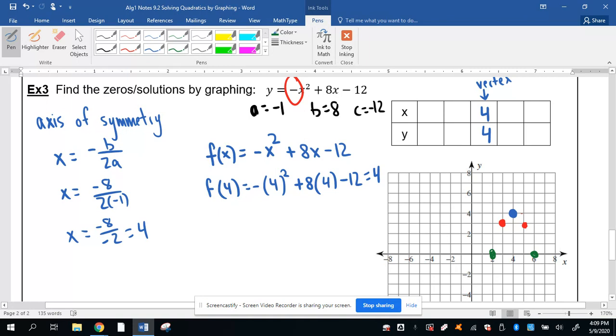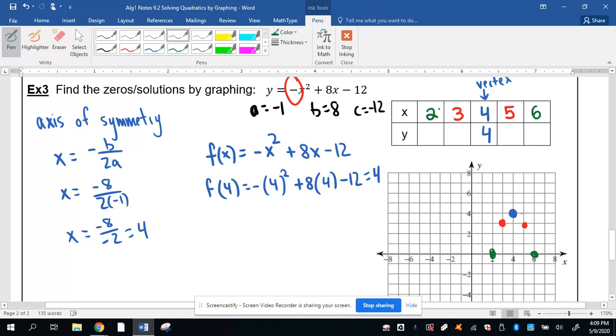If you don't like that method, remember what you can do is say, okay, my x value is 4. And what we're going to do here is we're going to add 1 and subtract 1. Those are our x values. And then go back to that vertex x value of 4, add 2 and subtract 2. And then what you're going to do is use the equation.